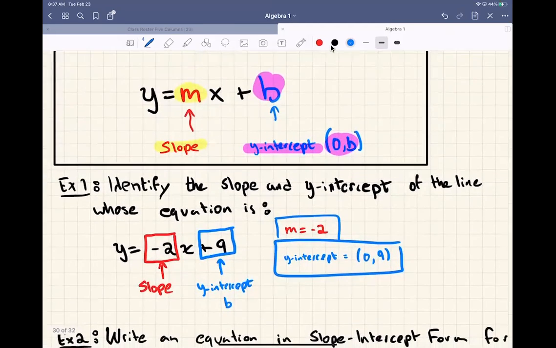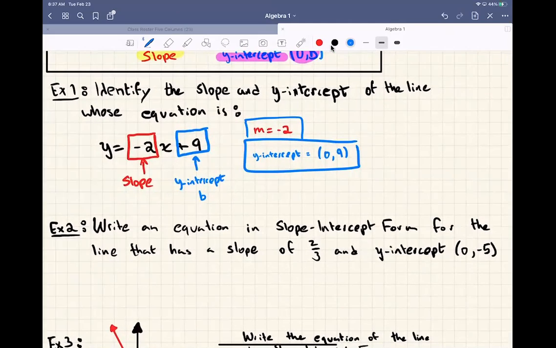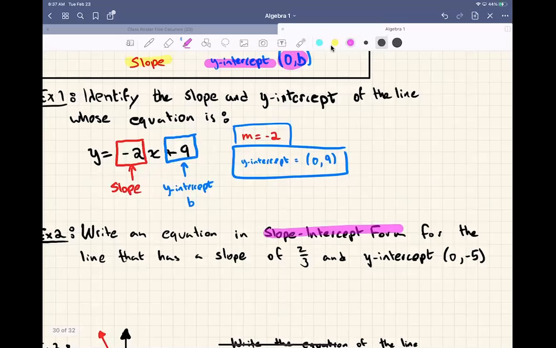Example 2: write an equation in slope-intercept form for the line that has a slope of 2/3 and a y-intercept of (0, negative 5). Instead of going from the equation to the slope and intercept, we're going backwards.